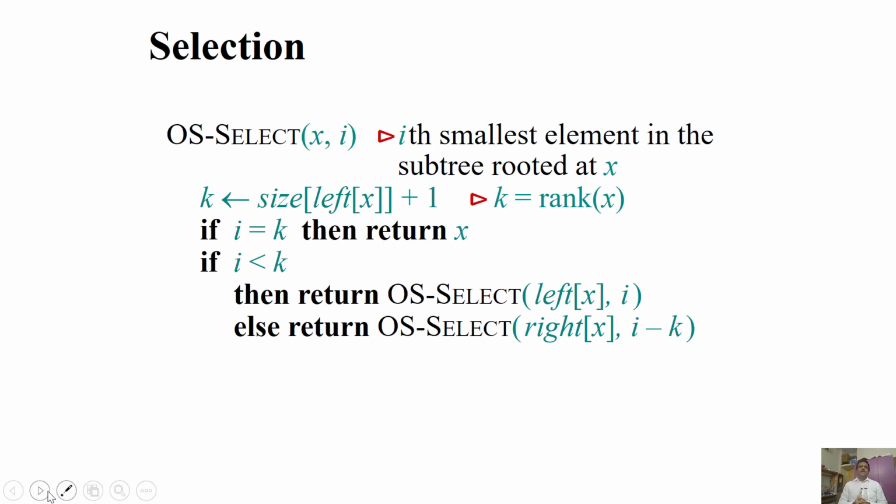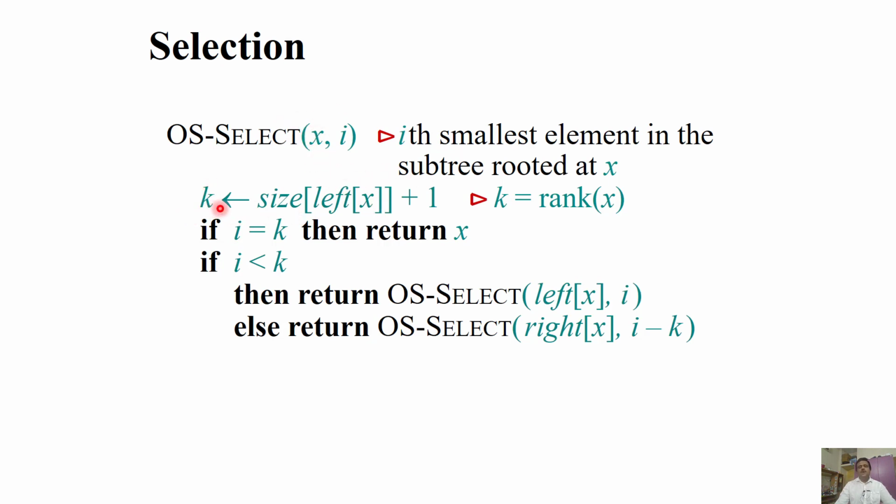This is called OS select. We are finding the ith smallest element in this set S, which we have stored in a balanced binary search tree, which is the red black tree, with the extra information, the size of a node. Now, we start with the root. We input the tree also, and x is the root of the tree.